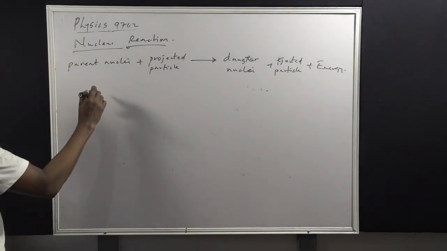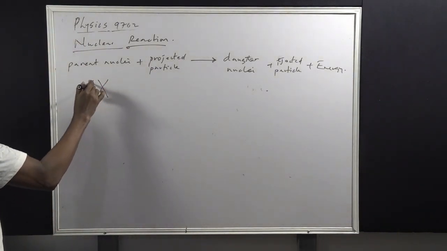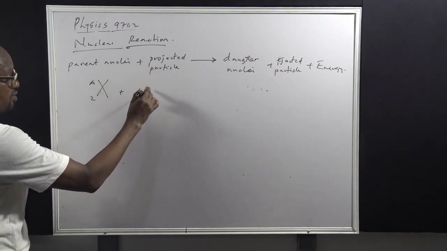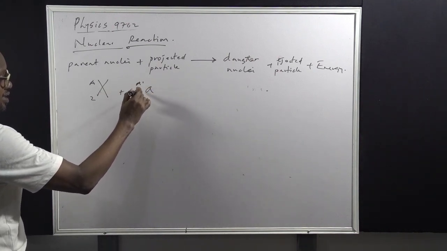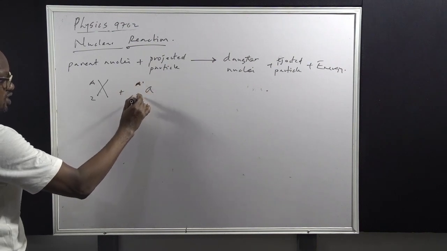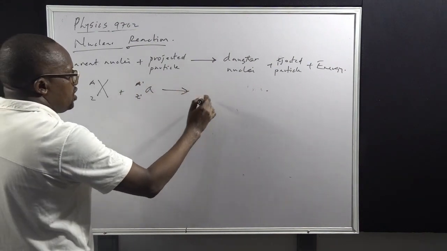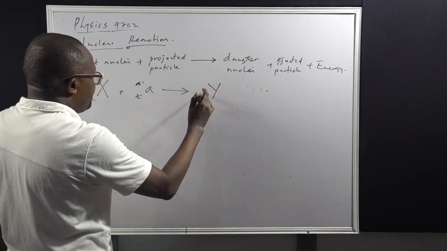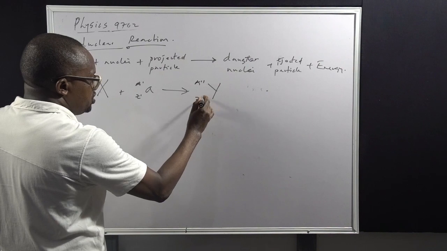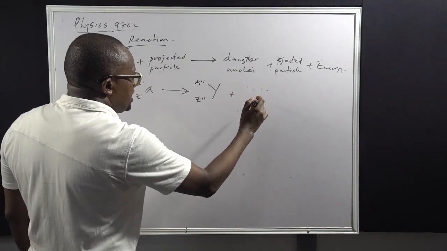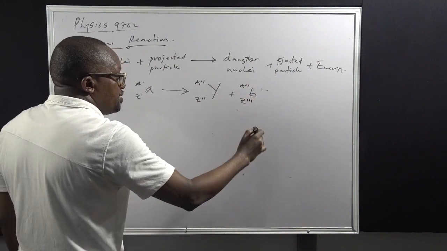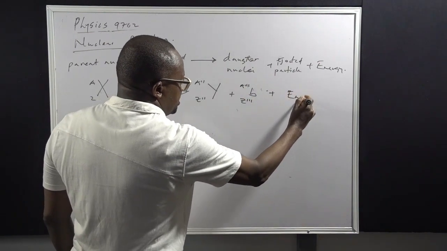Example, parent nuclei X with A, Z, bombarded with a projected particle, let me call it A with A prime, Z prime, to give daughter nuclei, which is Y with A double prime, Z double prime, plus ejected particle, B with A triple prime, Z triple prime, plus what? Energy.